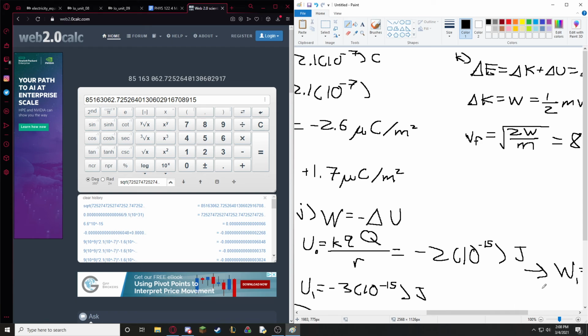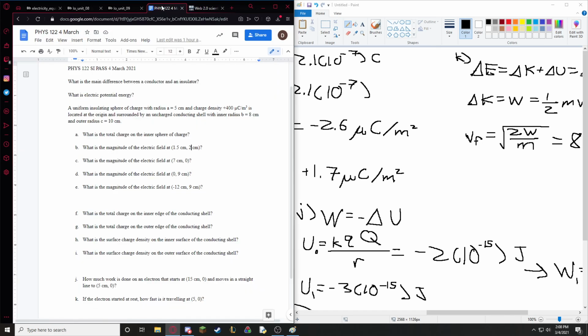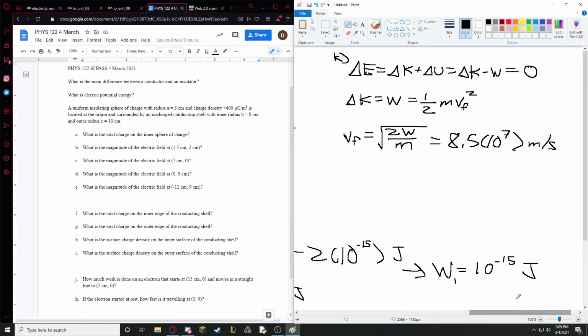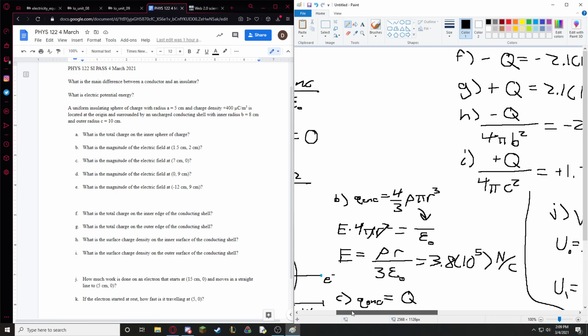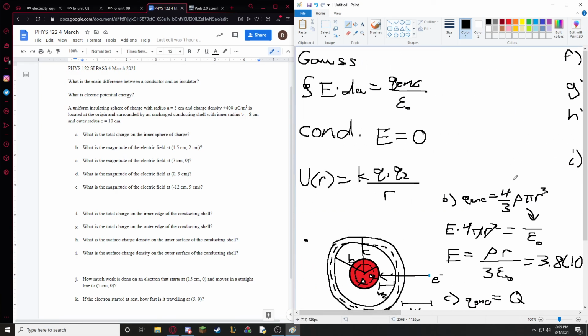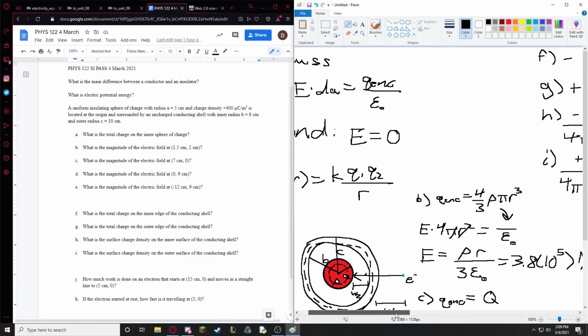Anyone have any other questions about this? So, we were able to use Gauss's law to first find our electric field at different points inside the charge distribution, between it and the shell, inside the shell, and outside the shell.